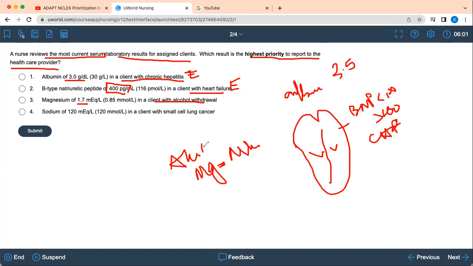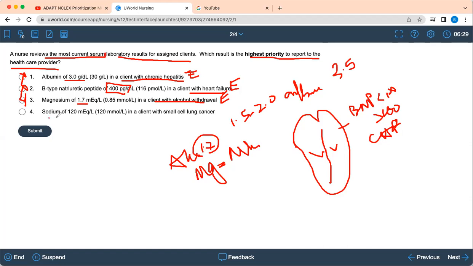This 1.7 is still in the normal range. Usually 1.5 to 2 is normal, but it's in the low normal range. And therefore, we expect this to be a normal finding for somebody who is alcoholic. And so we have eliminated 1, 2, and 3. So we are left with 4, which should be your answer, after you've gone through the B sharp.